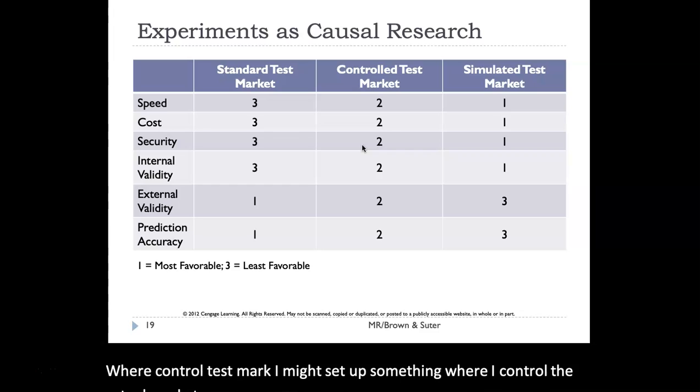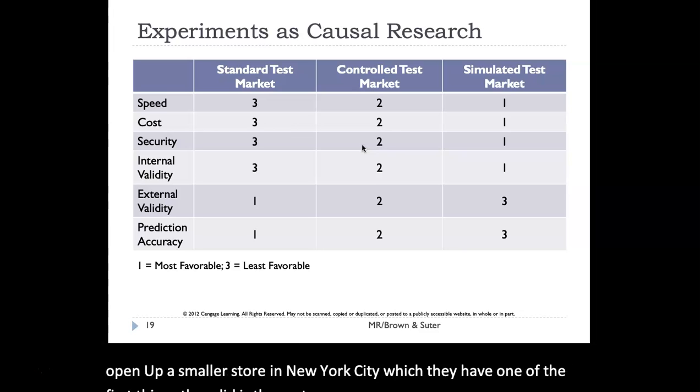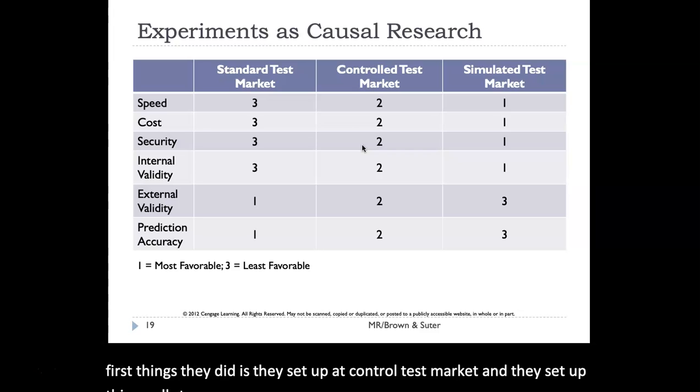In other words, let's say I was test marketing a new type of Target store, and Target wanted to open up a smaller store in New York City, which they have. One of the first things they did is they set up a controlled test market. They set up this small store, much smaller than their average Target stores, in downtown New York City.